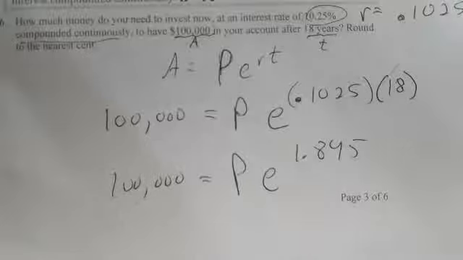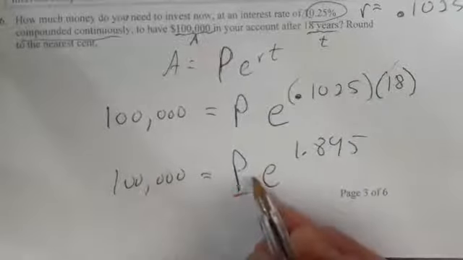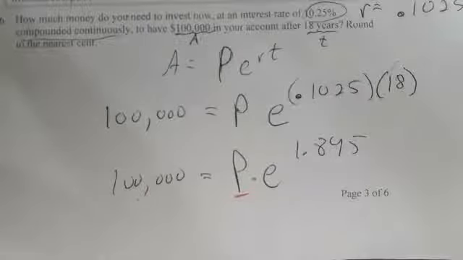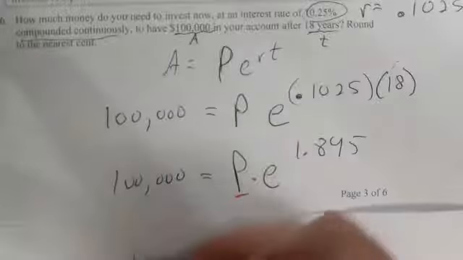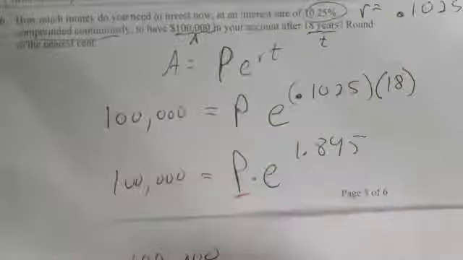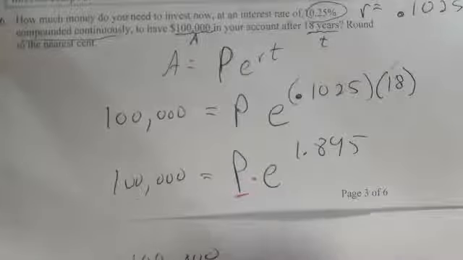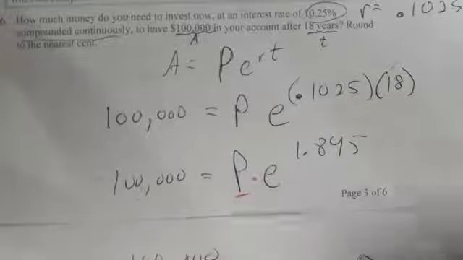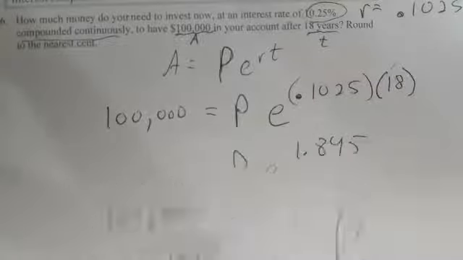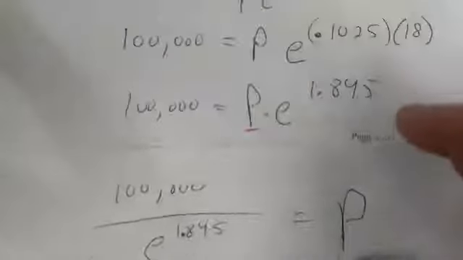So I want to solve for P, and this might look a little funky because I just threw the E at you, but E is just a number. P is being multiplied, so if I want to get rid of something that's being multiplied, I got to divide. So I'm going to take this 100,000 divided by E to the 1.845.